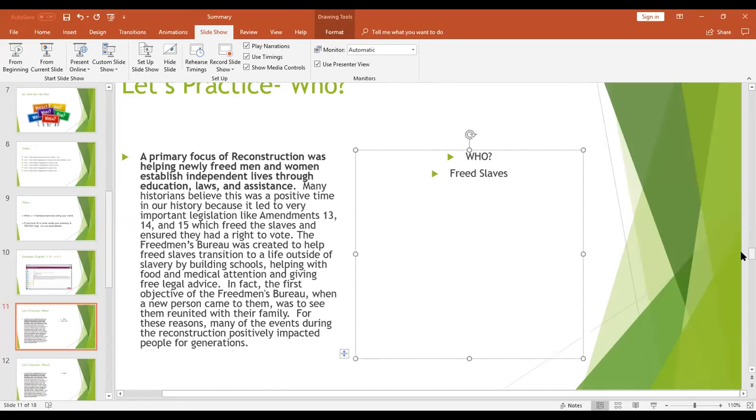That was great. Okay, I believe it's Militia, I think, if I'm saying it right. The free slaves. Okay, so perfect.